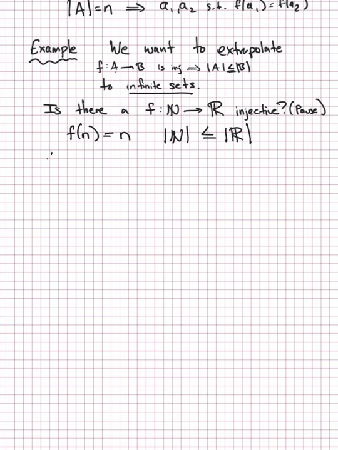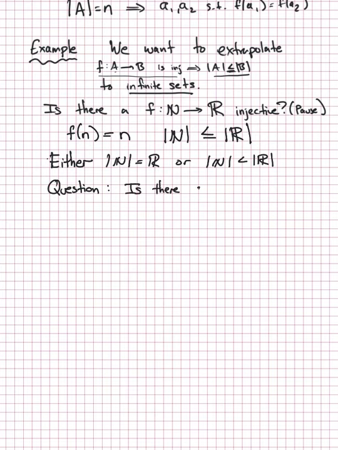Okay, so what can happen? Either the cardinality of N equals that of R, or the cardinality of N is strictly less than the cardinality of R. If we're extrapolating, saying a smaller cardinality is equivalent to an injective function, we're going to then ask the question: is there an injective function going the other way, from the real numbers to the natural numbers?